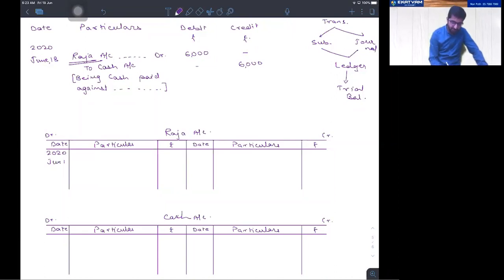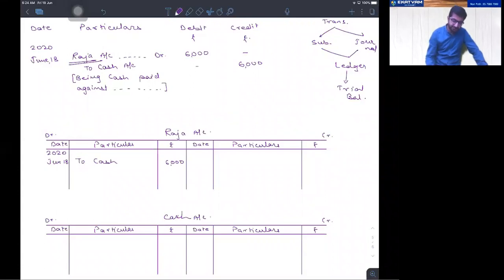As what? The reference of the account to be credited. Because of whom was this account debited? Because of cash. So, To cash. How much? 6,000 is the amount by which the account needs to be debited. The reference is of the credit account, but the amount is of the same account.